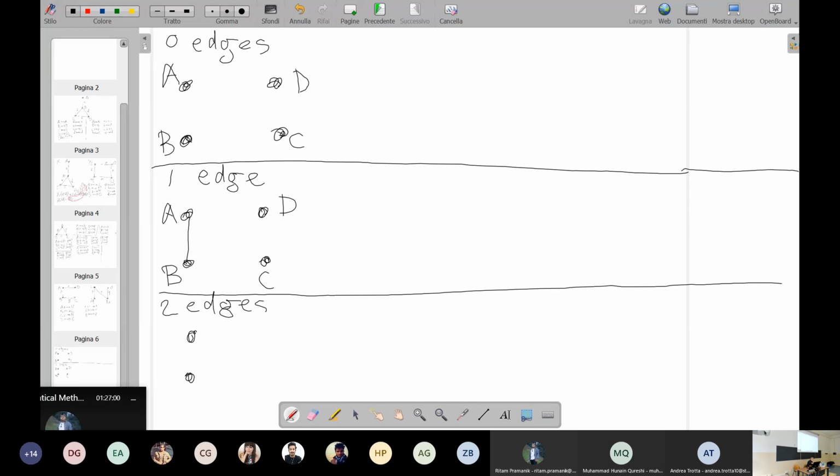I'll put what I had so far in green, so that we can see what we do by adding something.